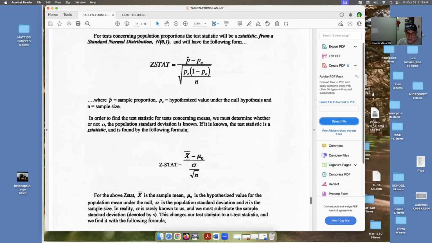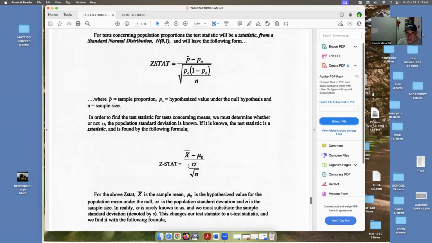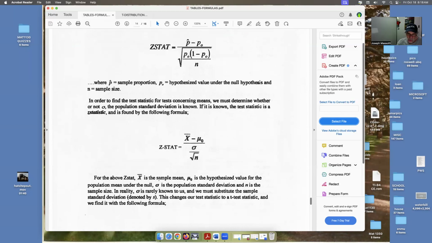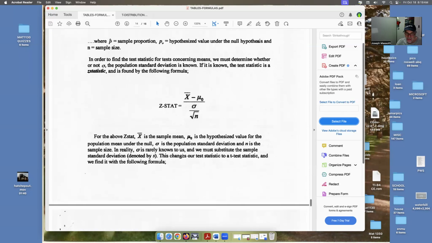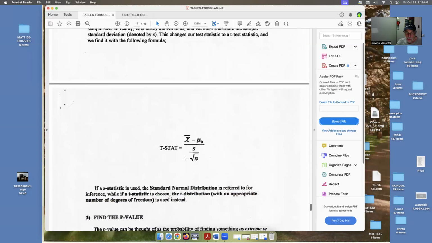All right, when we talk about a z-statistic for means, again, same basic form: sample statistic minus hypothesized value over the standard deviation of that sample statistic. All right, so we form that z-statistic. And again, if we don't know what the population standard deviation is, we use a t-statistic.